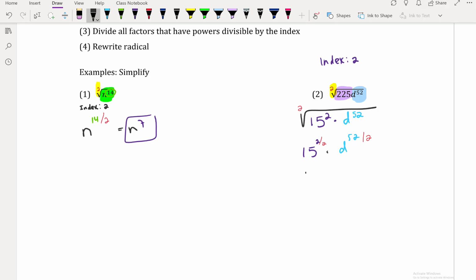That's 1. So I really have 15 to the 1 power. Now if I'm looking at my D, well, if I have 52 divided by 2, that's going to give me 26. So now I have 15 D to the 26 as my final answer. I have rewritten the radical.